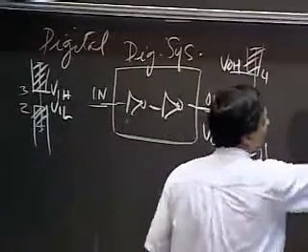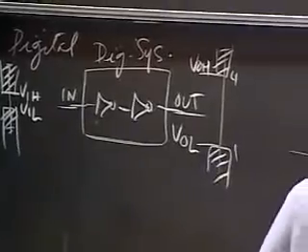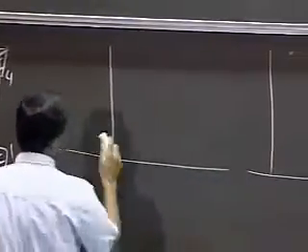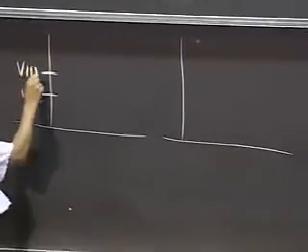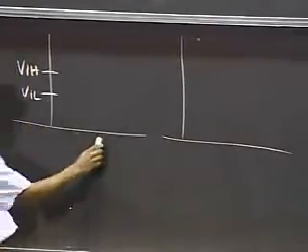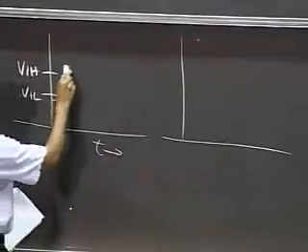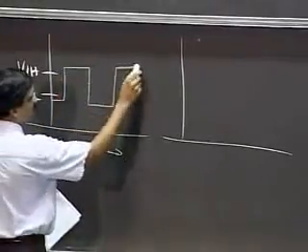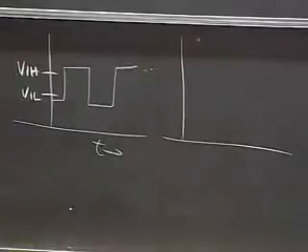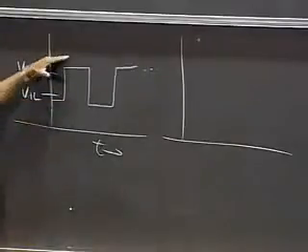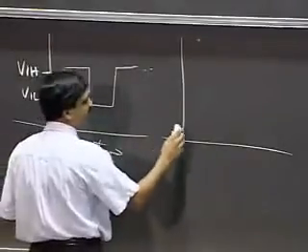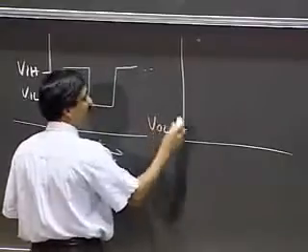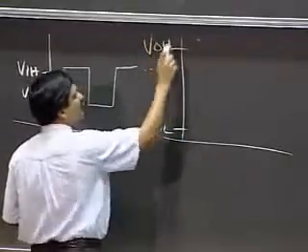So as an example, if I were to plot the input and output, I get my VIL here and VIH here. This is time. This would comprise a valid digital signal, 0, 1, 0, 1, and so on. Okay? Now, I had a tougher set of constraints at the output. I would have VOL, VOH.